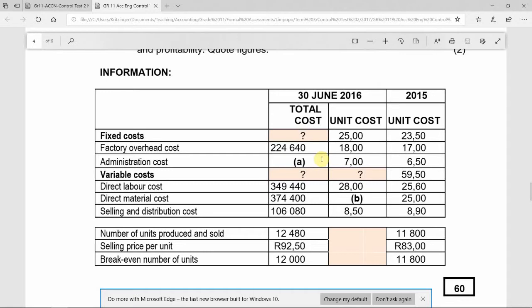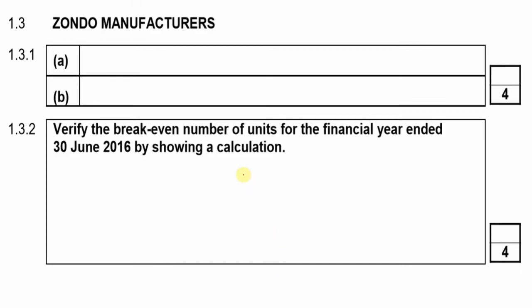Total costs is the number of units that we produced and sold, the 12,480, times the unit cost. It costs 7 Rand of administration cost to produce and sell 1 unit, but we don't have 1, we have 12,480. So it's 12,480 times 7.